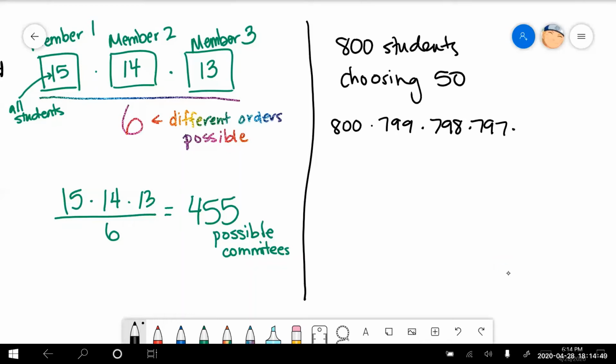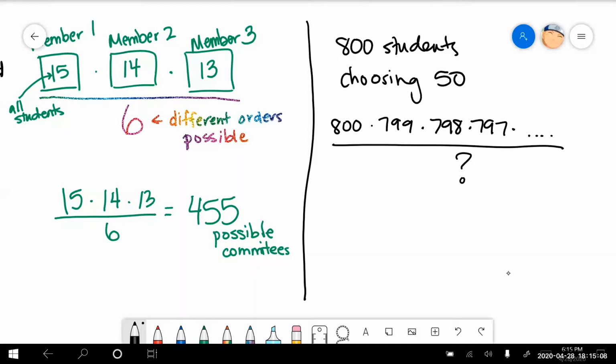Technically, I'd have to do this 50 times in order to accommodate the 50 spots that I have available for America's Got Talent. In addition, I'd have to take those 50 students and rearrange them in as many ways as possible to find out what my denominator is.